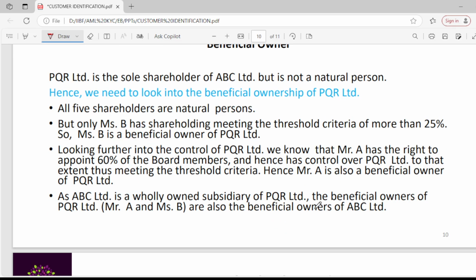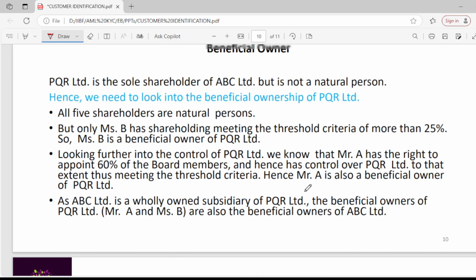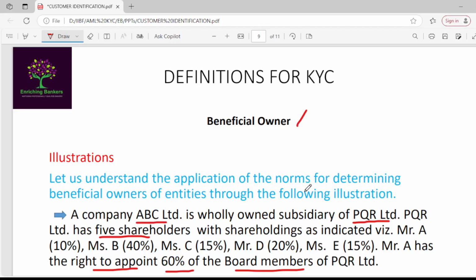Next, first point, PQR Limited is the sole shareholder of ABC Limited.